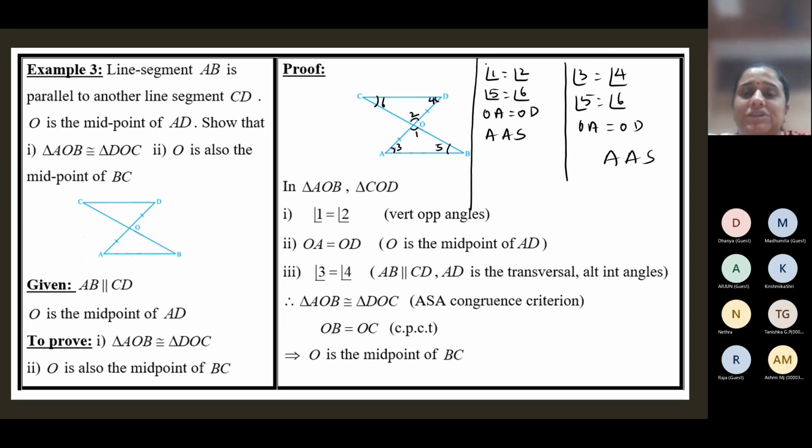So here you have mentioned angle 1 and 5, right? For 1 and 5, which is the included side, children? OB, ma'am. OB. But what have you mentioned in the proof?